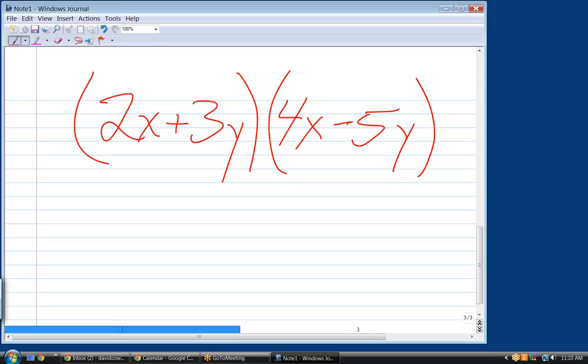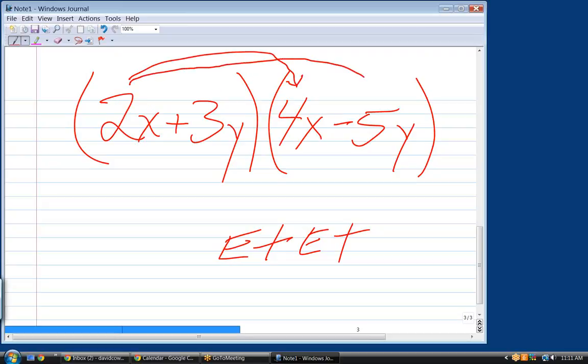Most places do. I prefer something called ET. ET means every term has to be multiplied by every other term. I start by multiplying that times that, then I take that same term and multiply that times that. Then I go to the next term and multiply that times that, and finally I go to the last term and multiply that times that. And then I add all 4 things together.